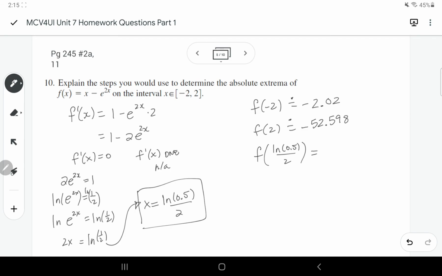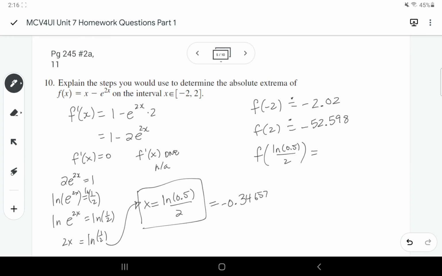And then, again, I'm just going to do ln of 0.5 and then divide my answer by 2. And that's -0.34657, just so I don't get bogged down, this won't be an exact value, of course.